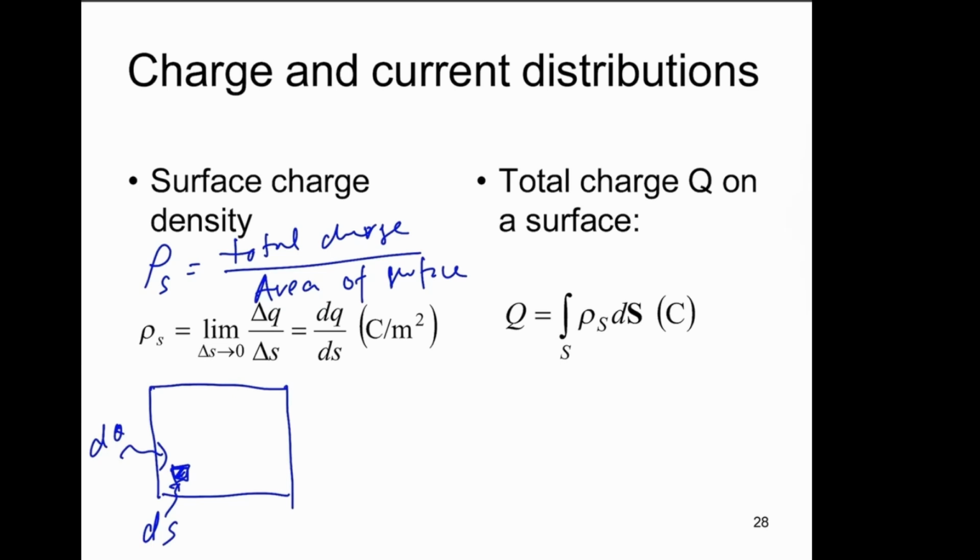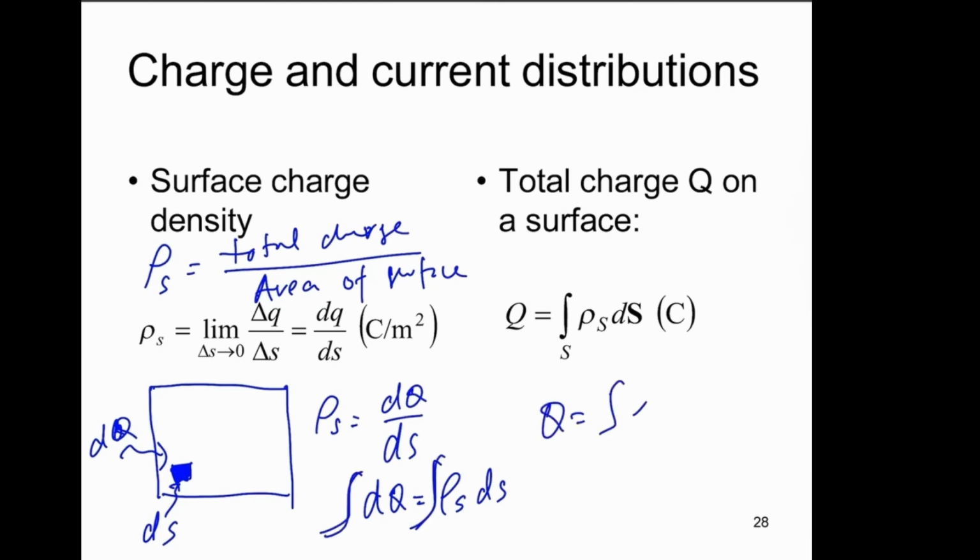So we consider just a small part, ds, rho s will be equal to dq over ds. dq will be equal to rho s ds. Then we integrate to get Q. Q will be equal to integral of rho s ds. This is the formula for total charge on the surface.